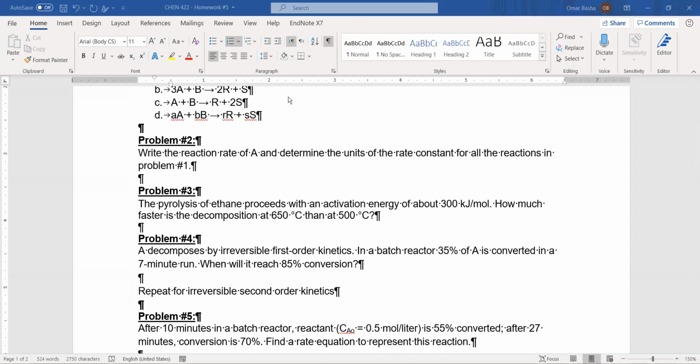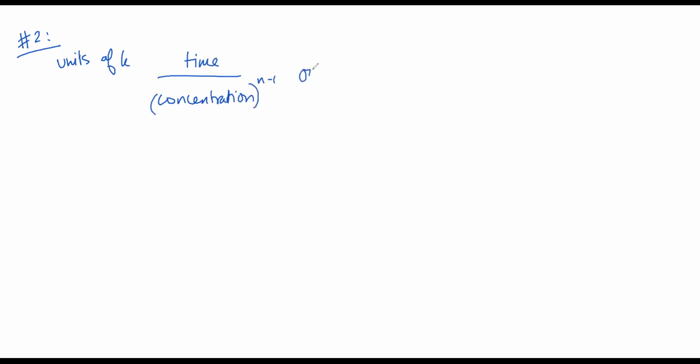If you recall from your slides, the units of k we can express as time over concentration to the power n minus 1, or you can use time over concentration to the 1 minus n, right?